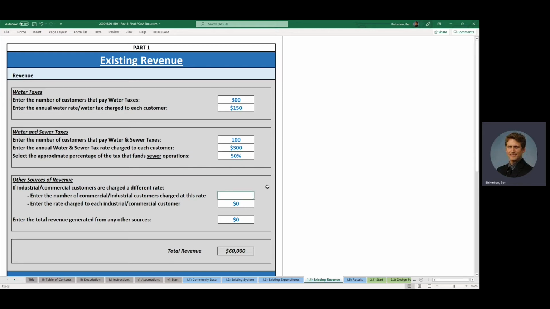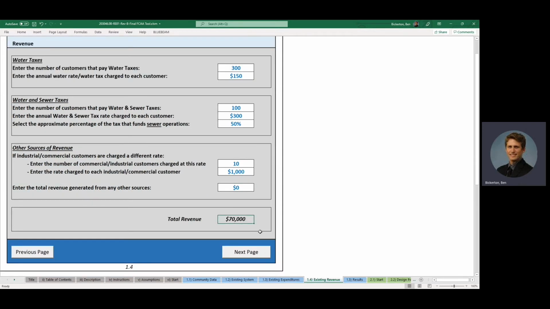Might also have 10 industrial or commercial clients that pay a flat rate of, say, $1,000 a year. And we have no other revenue specifically for water supply system operation and maintenance generated in our example. So we have a total revenue of $70,000 a year.